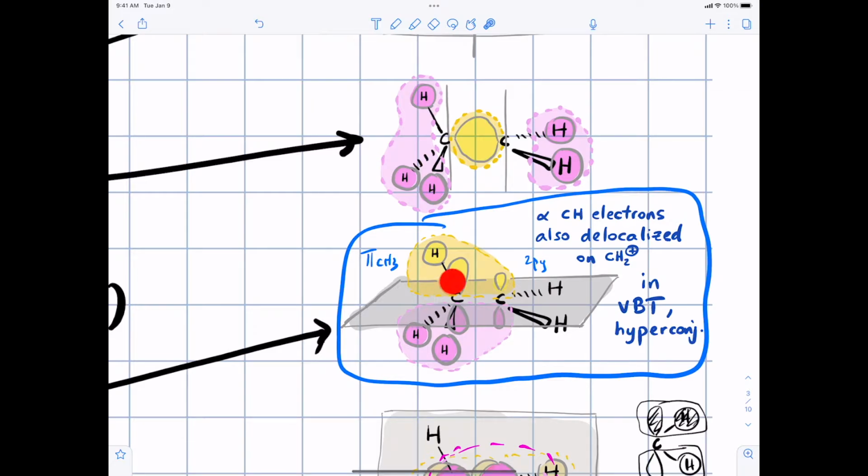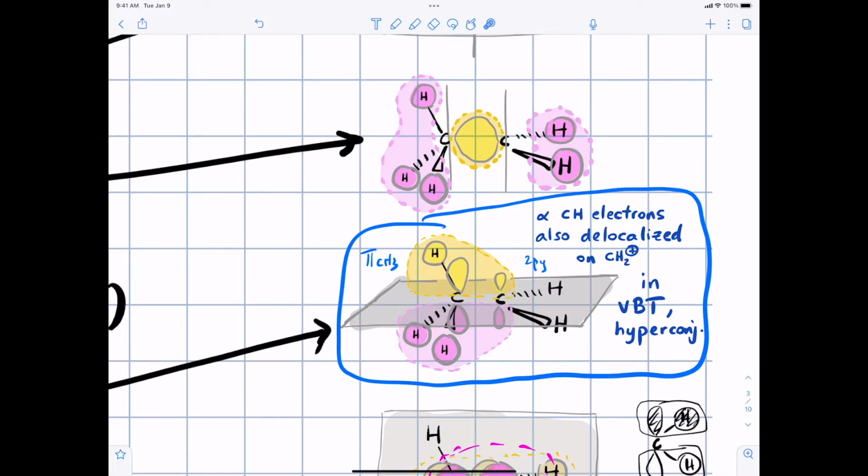This tells you that some of the electrons associated here with carbon-hydrogen type bonding are also a little bit on that positively charged carbon.